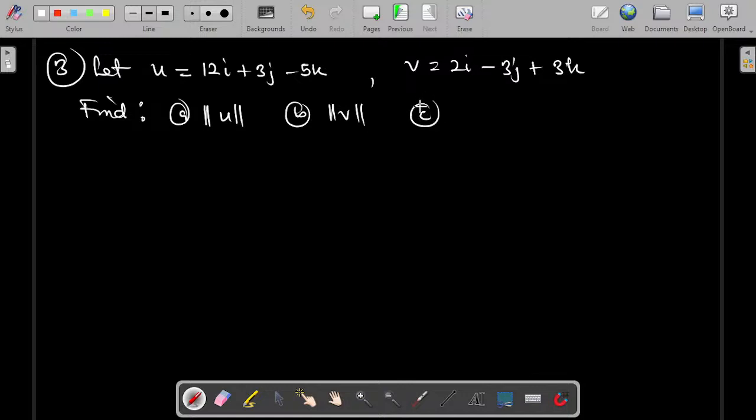And then c, let's also bring in addition of u and v. And d, you can also bring in subtraction. I am doing all of this so that it can allow you to practice more. In fact, you can even add square if you want.